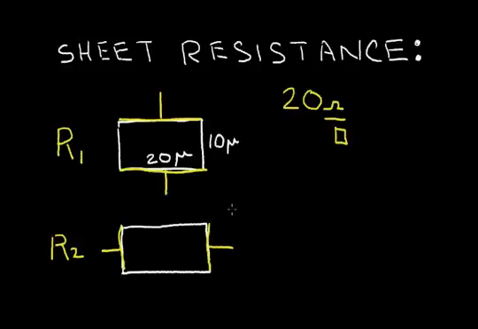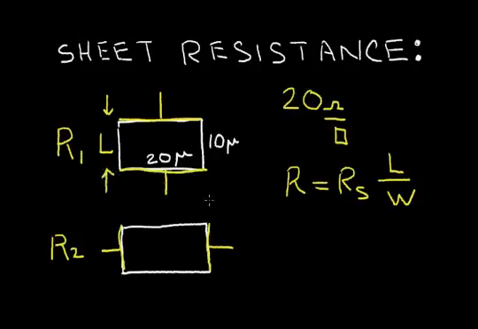Okay, I presume that you've given this a shot, and let's see if we get the same answer. So recall that resistance is equal to the sheet resistance, R sub S, times the number of squares, which is the length of the resistor divided by the width of the resistor. In the case of R1, the length is this dimension, always in the direction of the current flow, and the width is the 20 microns.